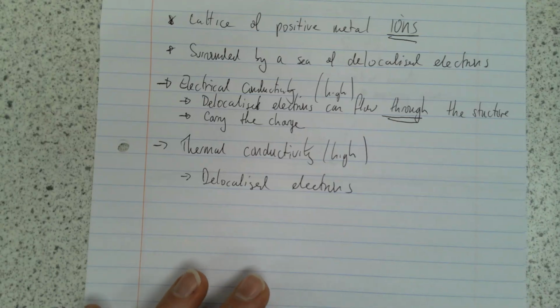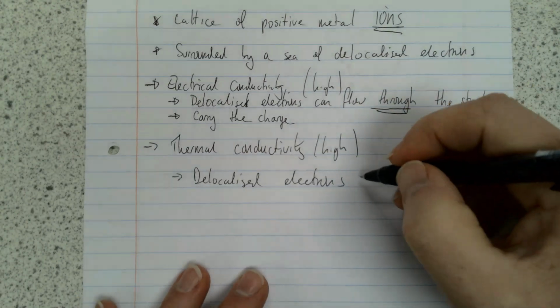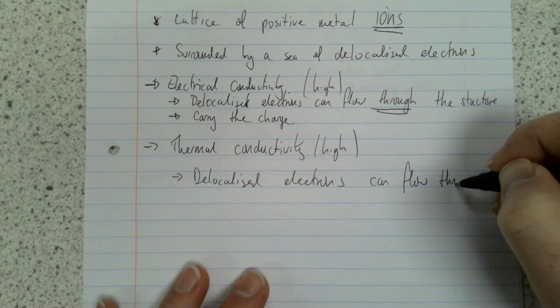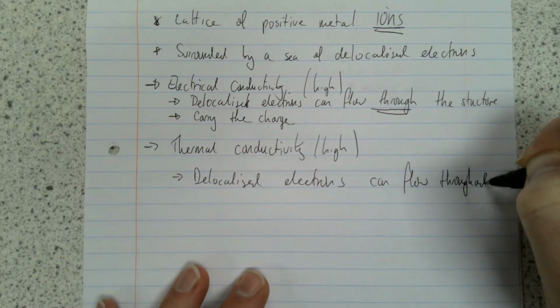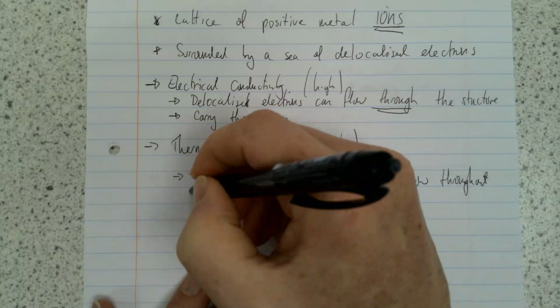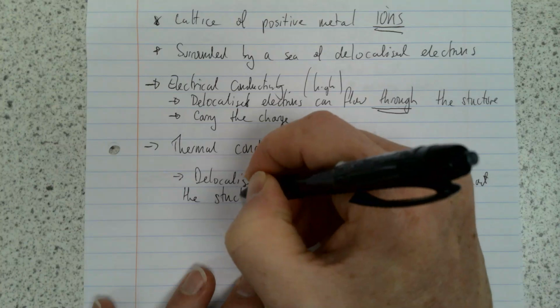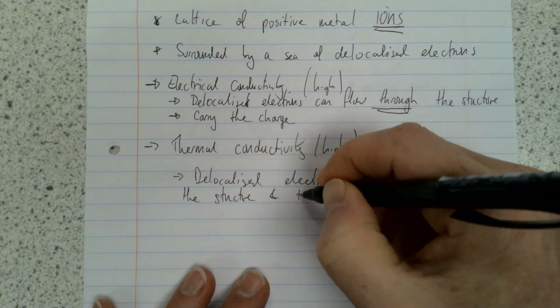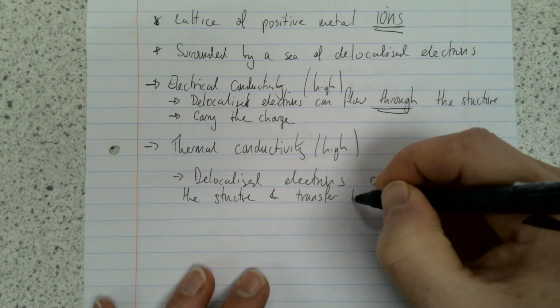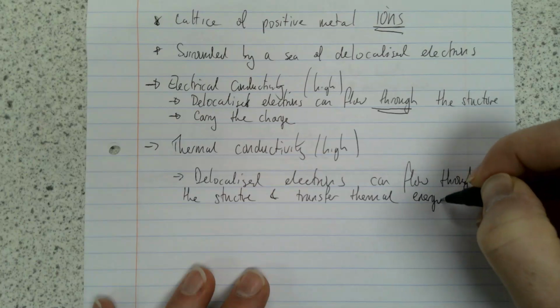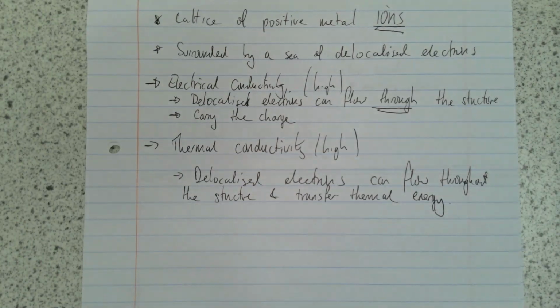They can move around throughout the structure, throughout the lattice, if you like, or just put structure, and transfer thermal energy. So those electrons can carry that energy around. Okay? Give you a chance to catch up a sec.